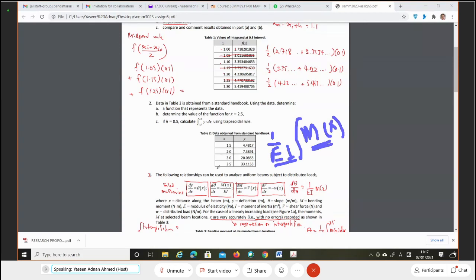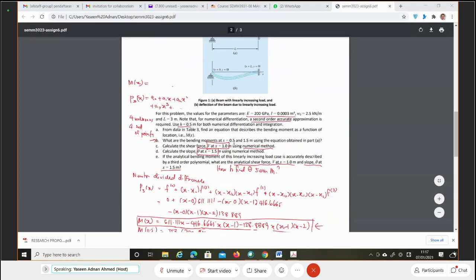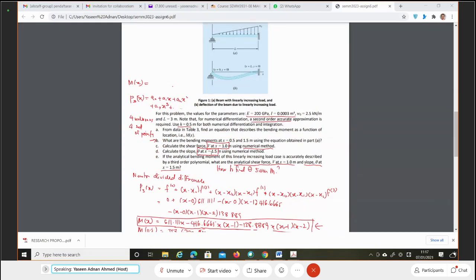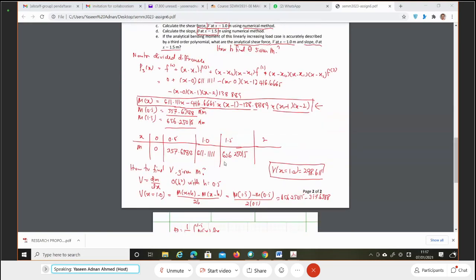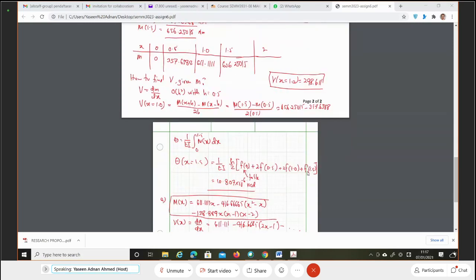If you want to find the value of theta at 1.5, you need to integrate from 0 to 1.5. So here you integrate over 0, 0.5, 1 and 1.5.